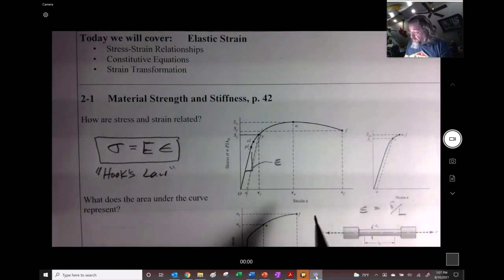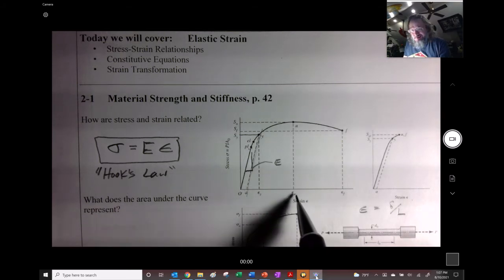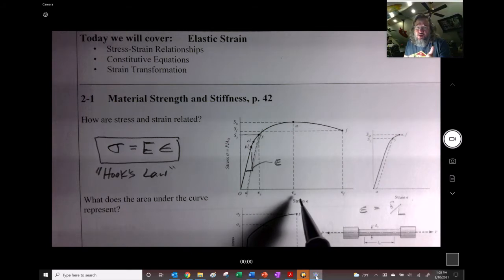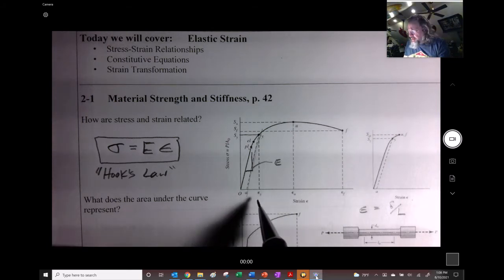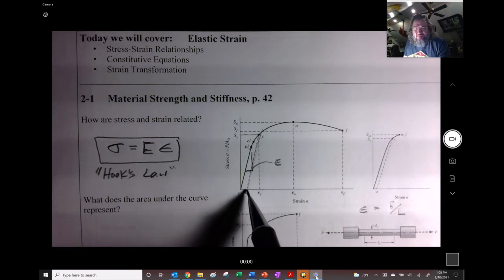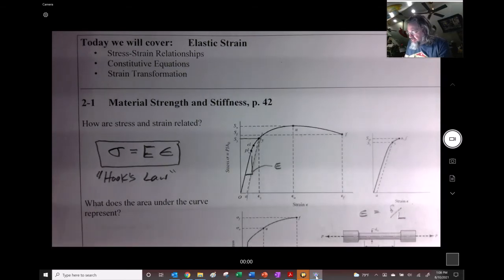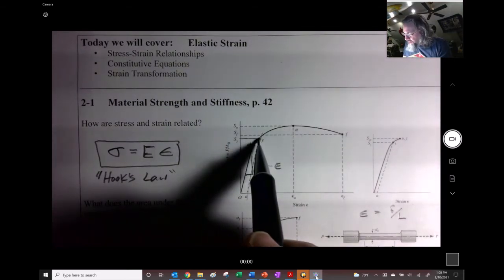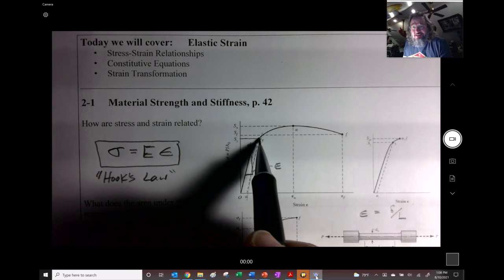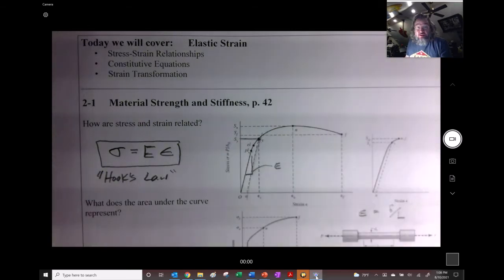Its units are like inches per inch or millimeters per millimeter, and you can even think of this as a percentage. I think it's a 0.02, I'd have to look it up. Offset, where we take a parallel line to this, and we see where it intersects with the curve, and that's how we define what the yield strength is going to be.